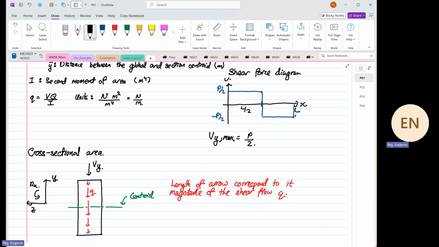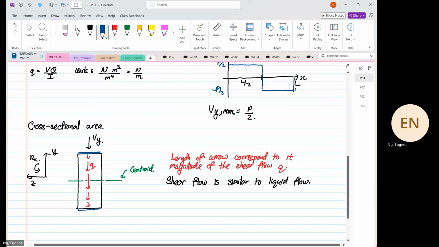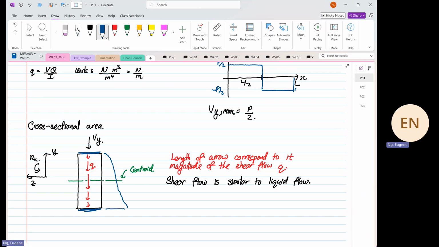With a name like shear flow, shear flow is similar to the flow of liquid. And we know at the top and at the bottom, these two points are known as our terminus.